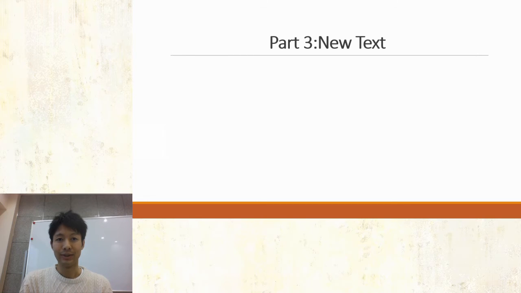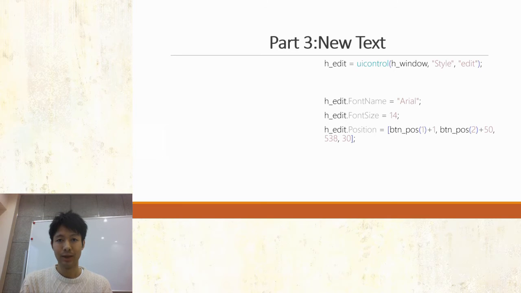Second, I will introduce the new text which is shown when the Scilab music player is loaded. In GUI creation code area, we defined hText to use the new text and use the uicontrol function to show the text. And we determined font name, font size, and position.